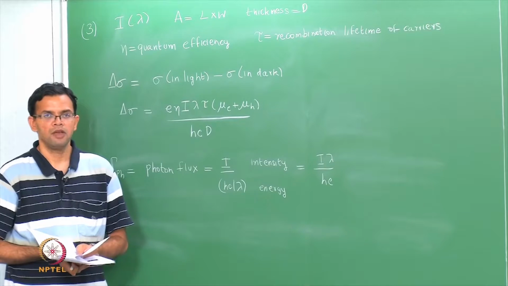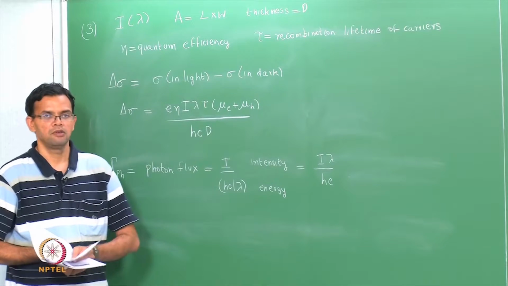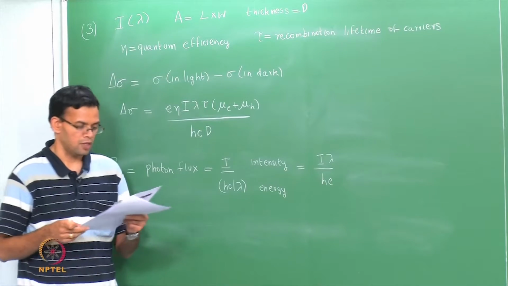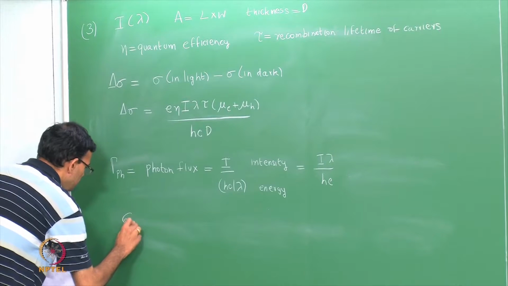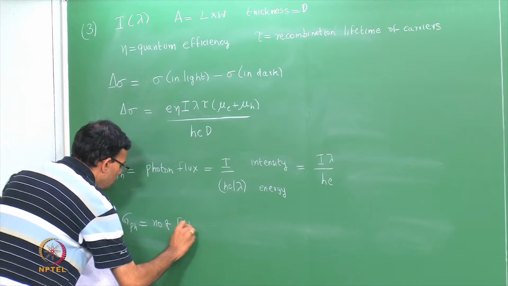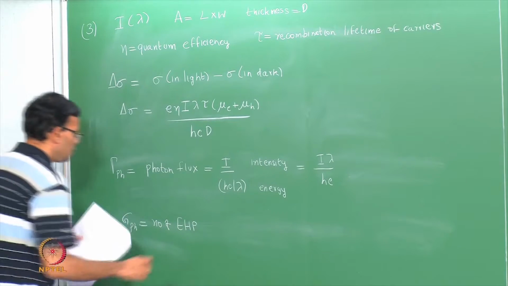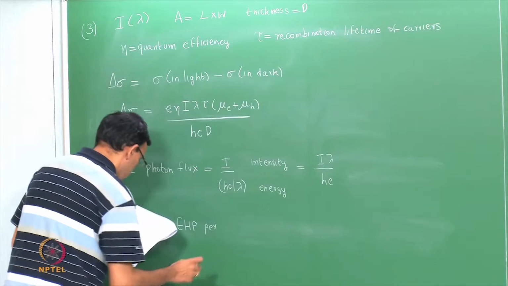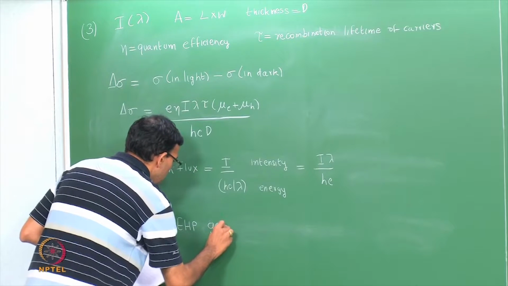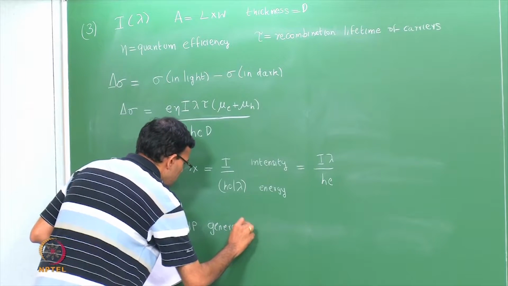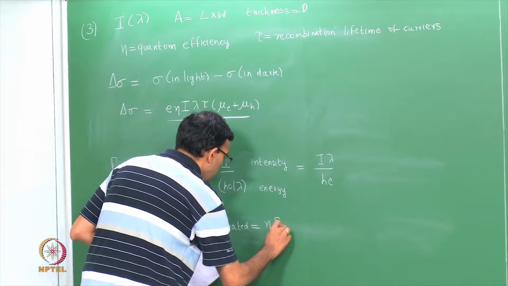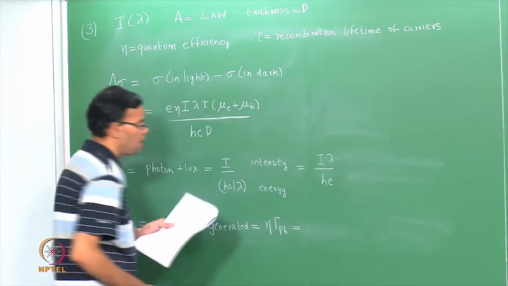So, we define quantum efficiency as the number of electron hole pairs that are generated for a certain photon flux. So, G ph, which is the number of electron hole pairs generated, is nothing but eta, which is the quantum efficiency, times phi ph.